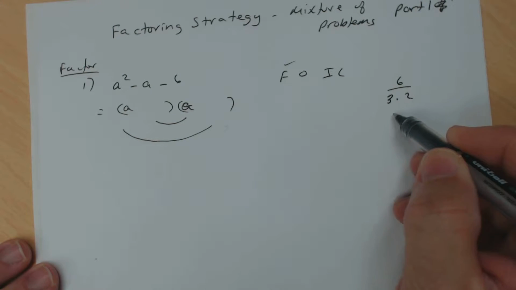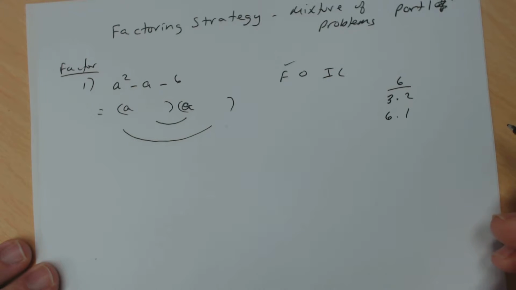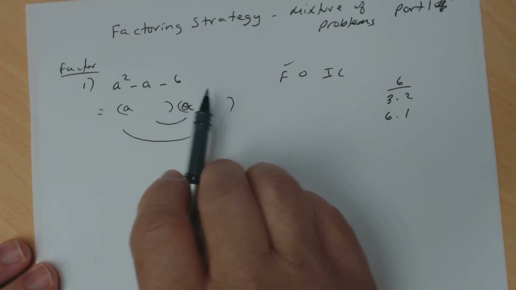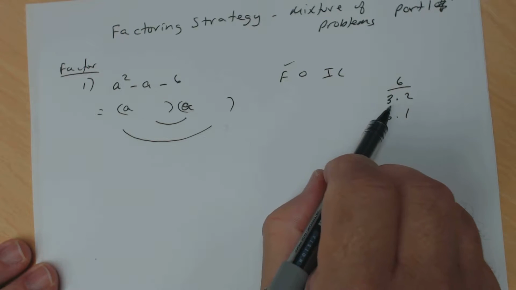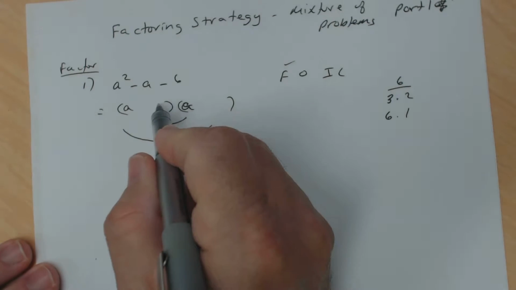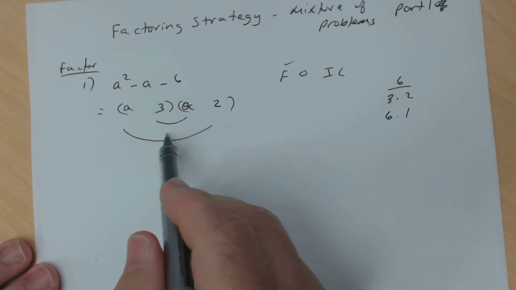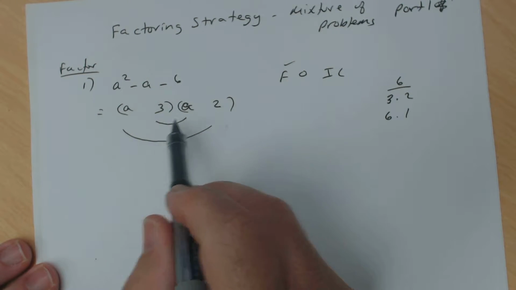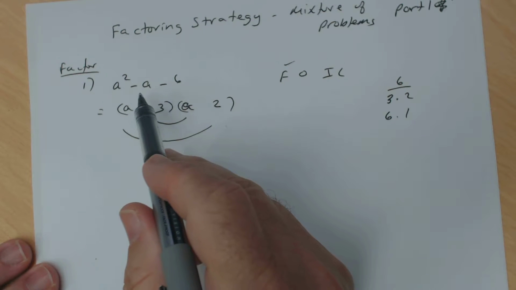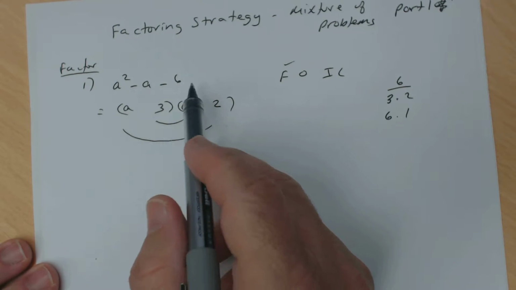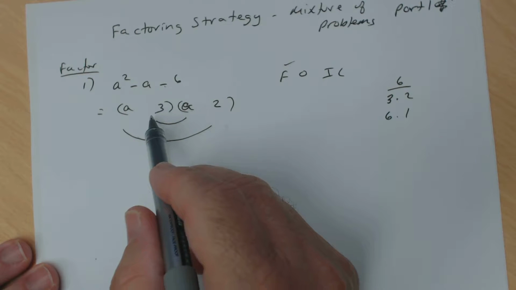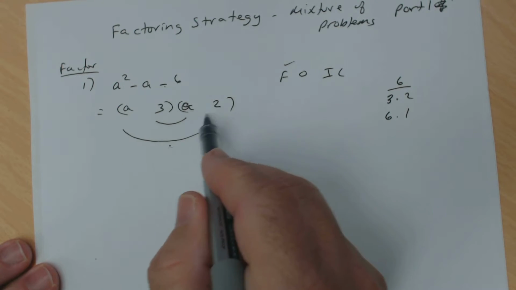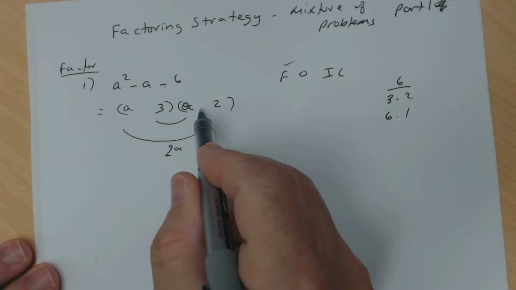There's 3 times 2, and there's 6 times 1. All right, but remember, we all know that the last term's negative 6, but just look at the absolute value for right now. All right, so if I put a 3 here, let's say, and a 2 here, and remember, I need the outer and the inner to add up to be a negative 1. And remember, the last sign is negative, so that means one's positive, one's negative. So if I look at the outer for right now, a times 2 is 2a. I'm going to worry about the sign in a little while.